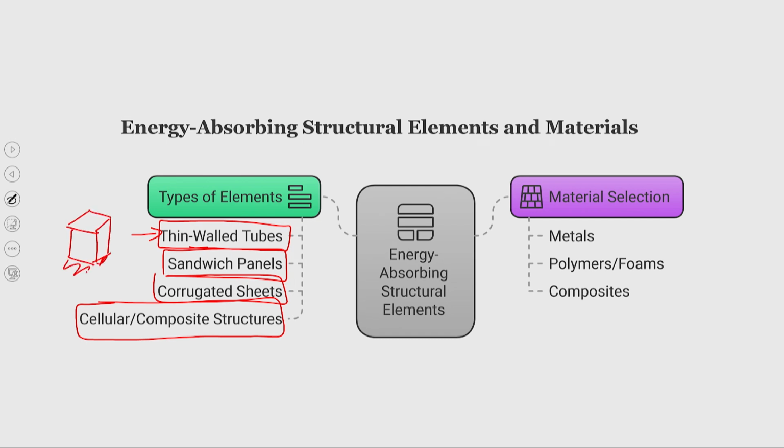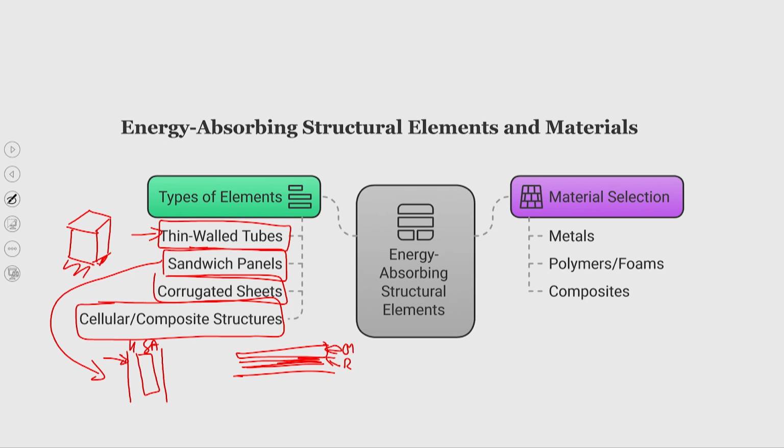Okay. Sandwich panels we have seen, the panels having hard plates, then soft absorbing material and then hard plates. Okay. For example, in the design of bearing plates, in which the hard metals are sandwiched between the rubbers. Okay.